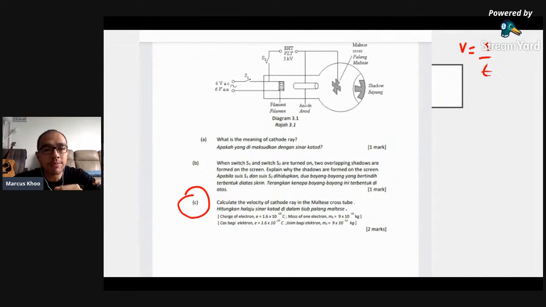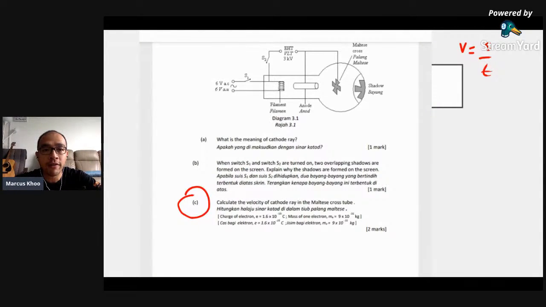So it shouldn't surprise us when we hear the word velocity in the topic of electronics. Maybe some of you have forgotten, so that's why I want to mention this: there is a change of energy that causes the electrons to move very fast.